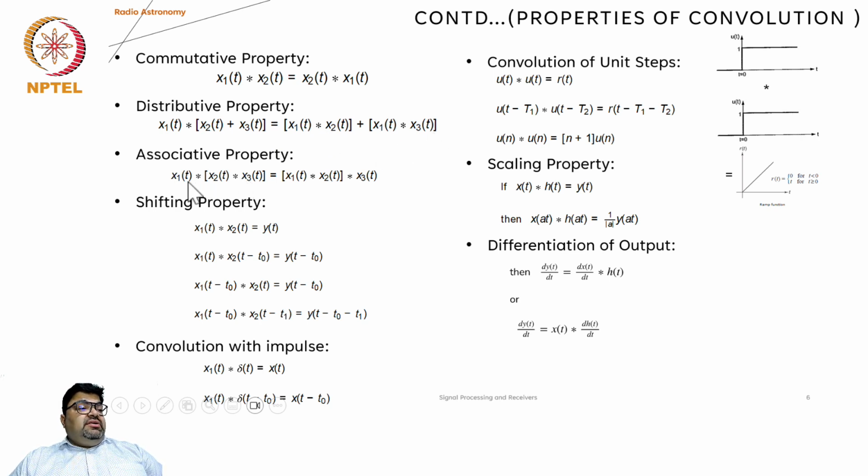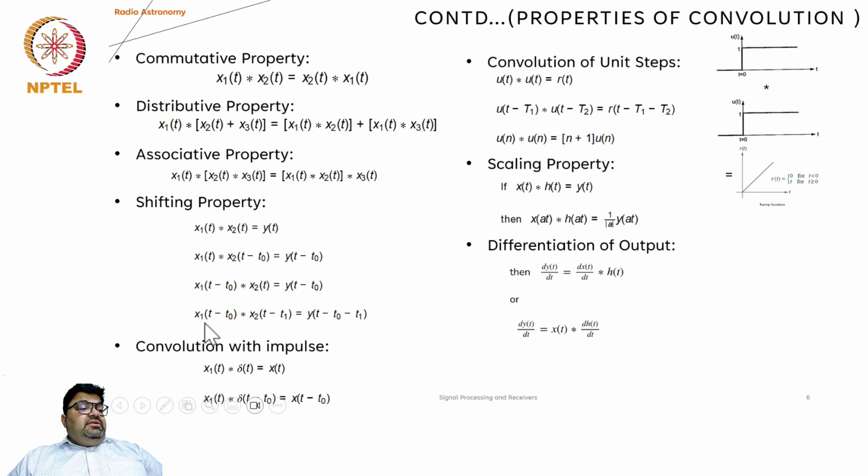Associative property: the order of association can be interchanged. Shifting property: if x1 convolved with x2 is y(t), then x1 convolved with x2(t minus t0) is y(t minus t0). Similarly, x1(t minus t0) convolved with x2 is also y(t minus t0).